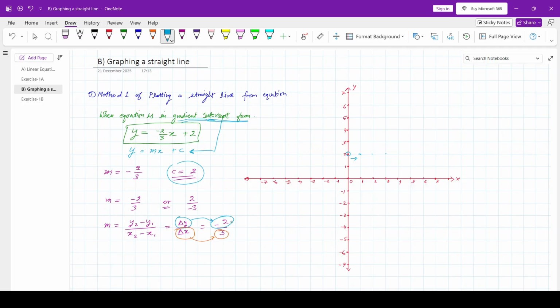And now if we move minus 2 units in the y direction, that will be downwards from here, that is minus 1 and then minus 2. So we land at this point. We can say our line will definitely intersect this point and this point, and we can plot the line by joining these 2 points.